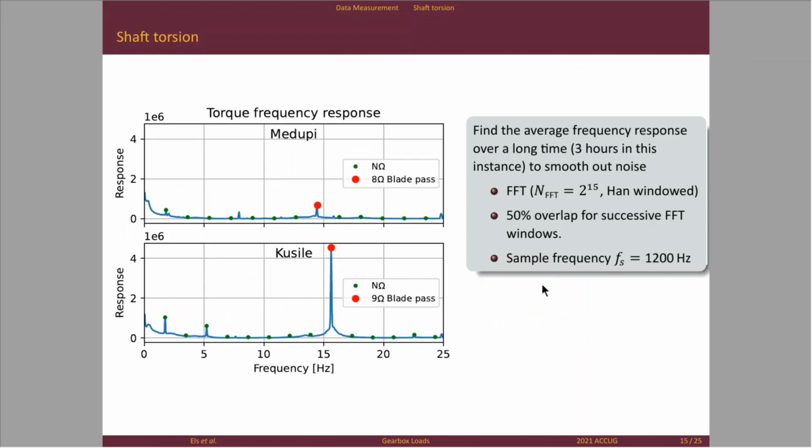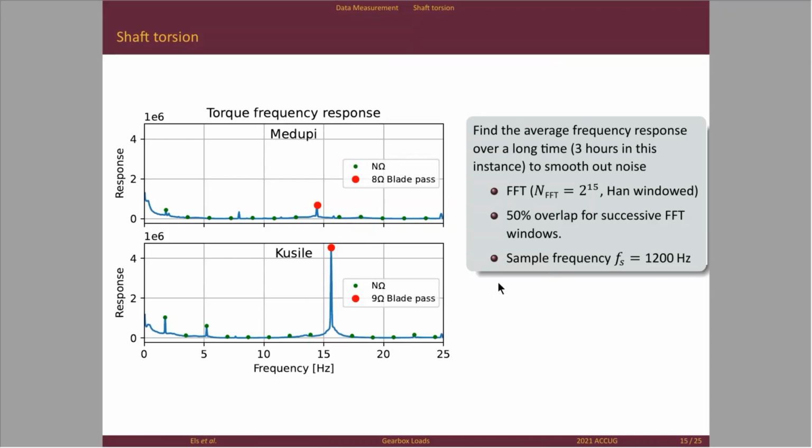The interesting one is if we look at the frequencies. If you look at that torque measurement, it's very noisy.